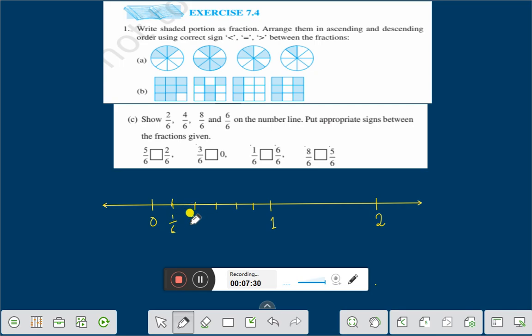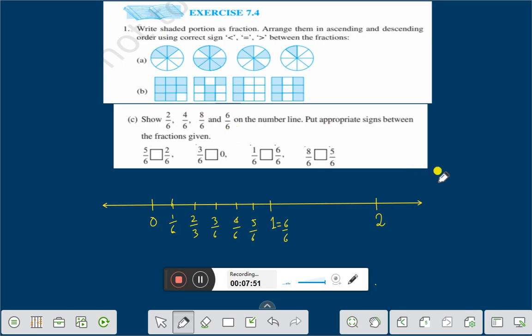This one is 2 by 6. This one is 3 by 6. This one is 4 by 6. This one is 5 by 6. This one is equal to 1, that is 6 by 6.